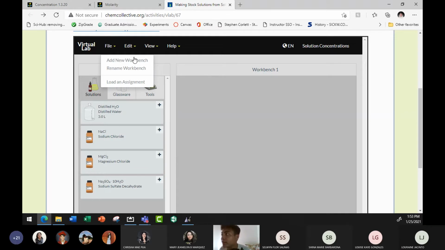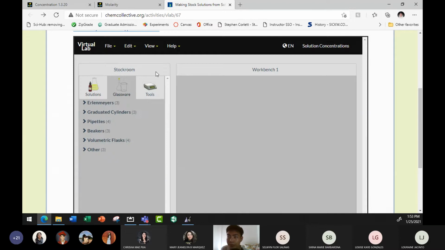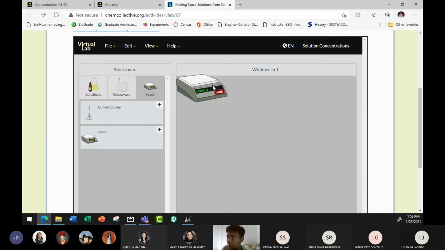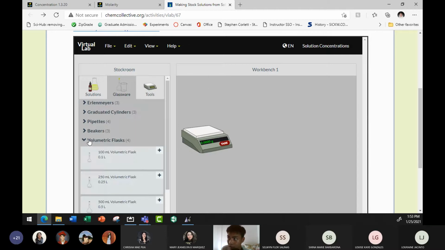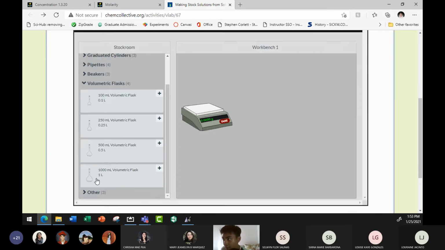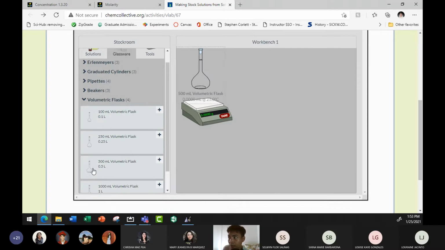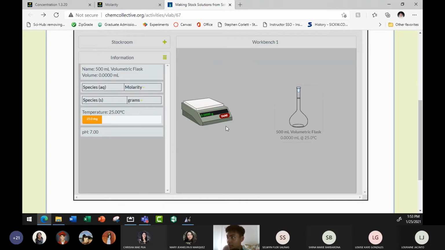Gawa tayo solution. Okay? So, anong glassware kailangan natin doon? Bago glassware, kailangan syempre may timbangan tayo. Okay? So, kailangan may vol flask tayo. Let's say 500 ml vol flask.